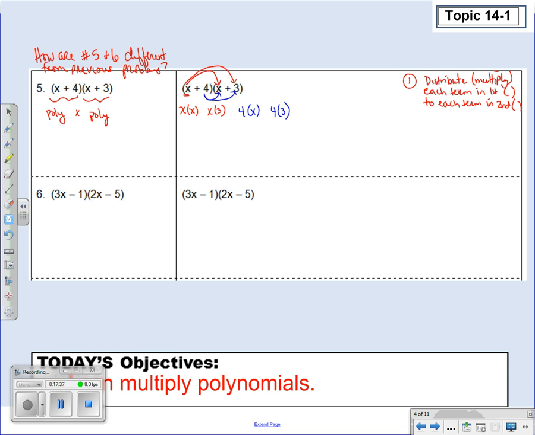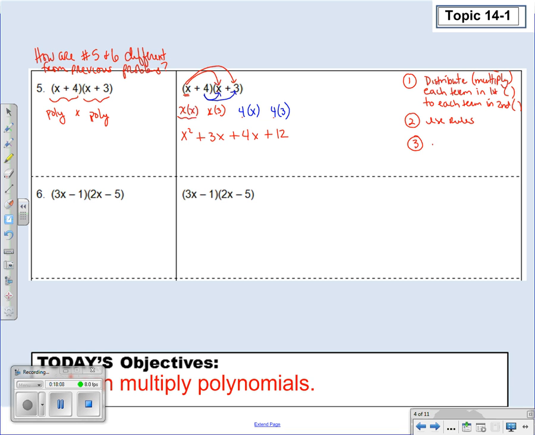So our next steps are still the same. The second step then was to use the rules to do the multiplication with exponents. So the x times x becomes x squared. The x times the 3, we're going to write that as, since it's positive, a plus 3x. 4 times the x is a positive 4x. And then 4 times 3 is a positive 12.